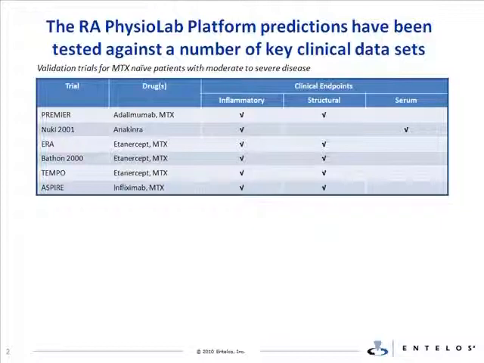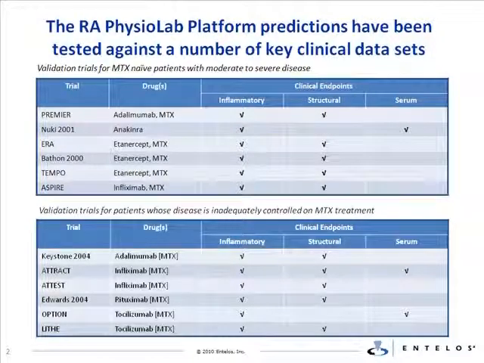Virtual population simulation results are consistent with the reported clinical endpoints in these trials, including ACR scores for inflammation, JSN and bone erosion scores for structural endpoints, and CRP for serum data. As new trials are published for this clinical phenotype, they are added to the validation tests.